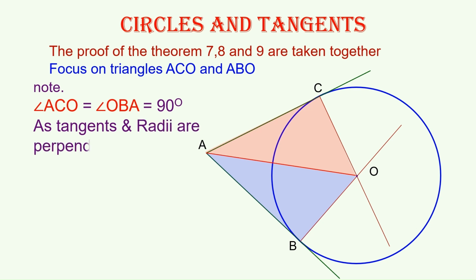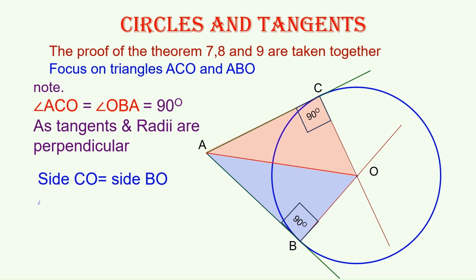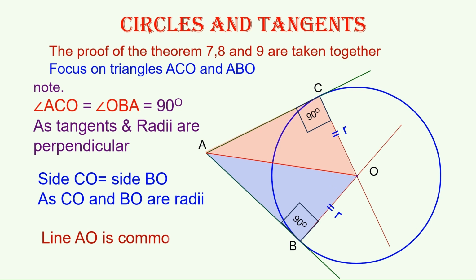Number 1. Angle ACO equals angle OBA equals 90 degrees, as tangents and radii are perpendicular. Number 2. Side CO equals side BO, as they are radii. Number 3. Line AO is common side.